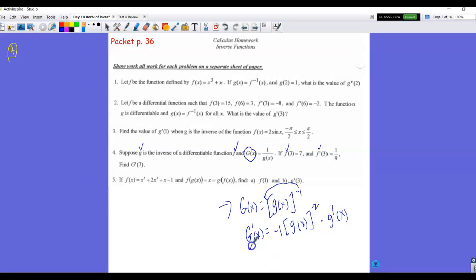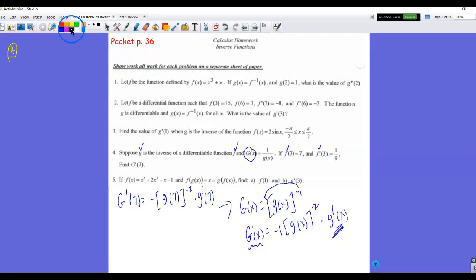And you can see that big G prime of x depends on little g prime of x. So I'm going to need little g prime to generate big G prime. I want big G prime of 7, so big G prime of 7 is equal to negative 1, or the opposite of g, substituting 7, to the negative 2 times little g prime of 7. That sets up my work.